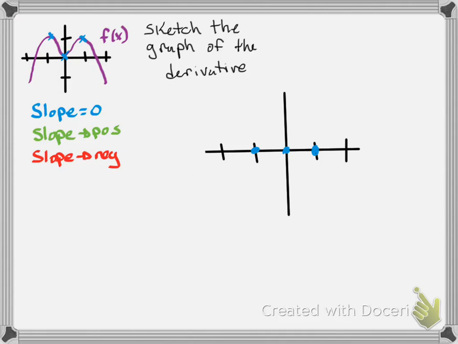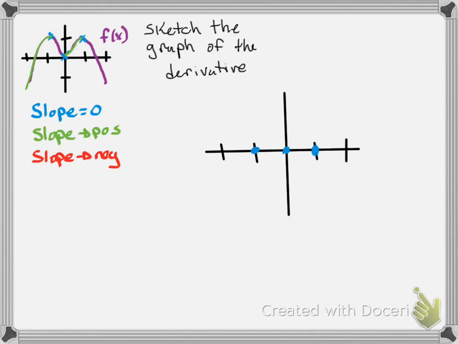Next, I'm looking for positive slopes. If my graph has a positive slope, that means it's going up. So we are going up the entire time this graph exists until x equals -1, and the graph is going up in between 0 and 1. That means the values on my derivative graph, my y prime values, have to be above the x-axis, because if we are above the x-axis, we have positive values.